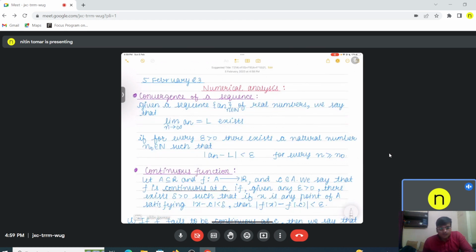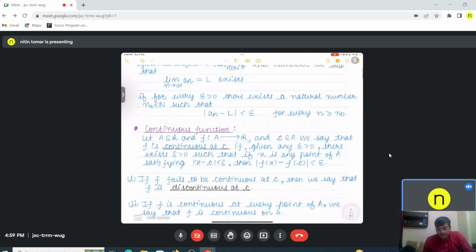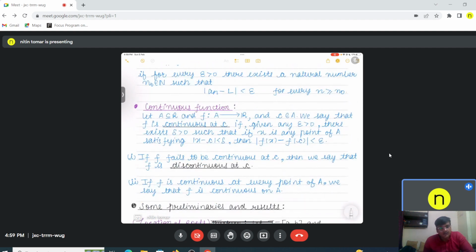So let us go through what we did once again. In the first half of today's session, we first saw the convergence of a sequence in terms of the epsilon n definition, and using this we defined the continuity of a function at a point, and this is said to be the epsilon delta definition of continuity.